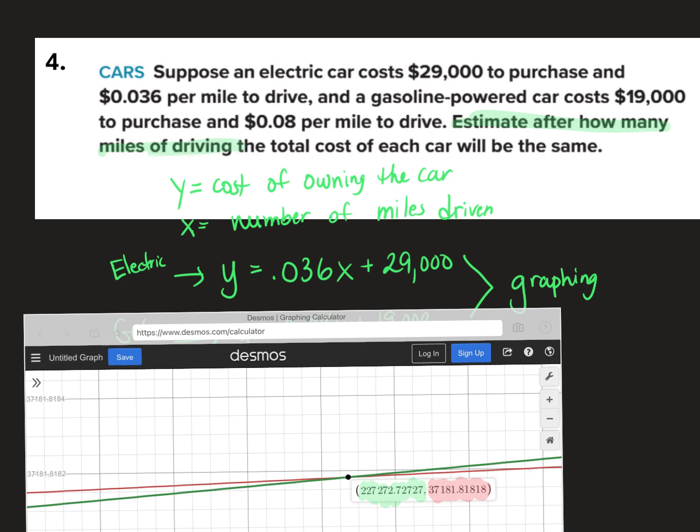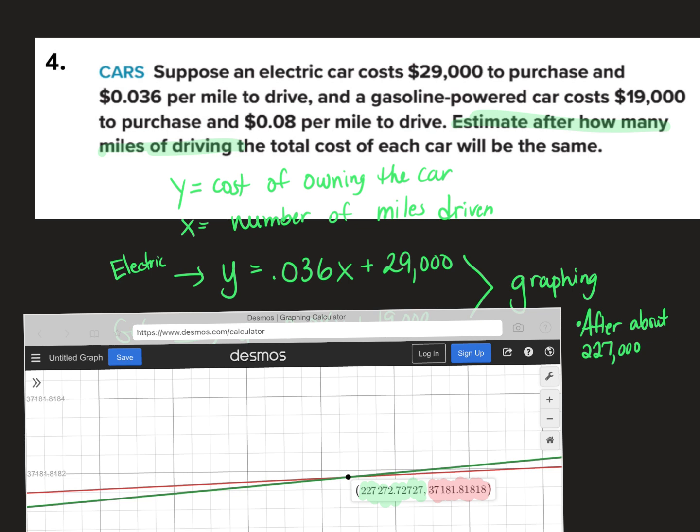It says estimate after how many miles of driving the total cost will be the same. So I'm going to put this in a complete sentence. After about, so I'm going to actually round to 227,000. Since it does not say how to round and how to answer, as long as you were close to that, you would be correct.